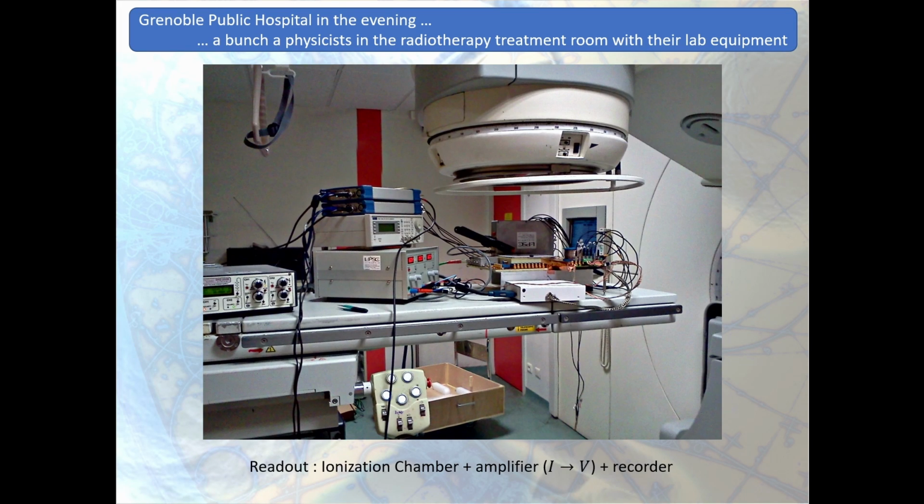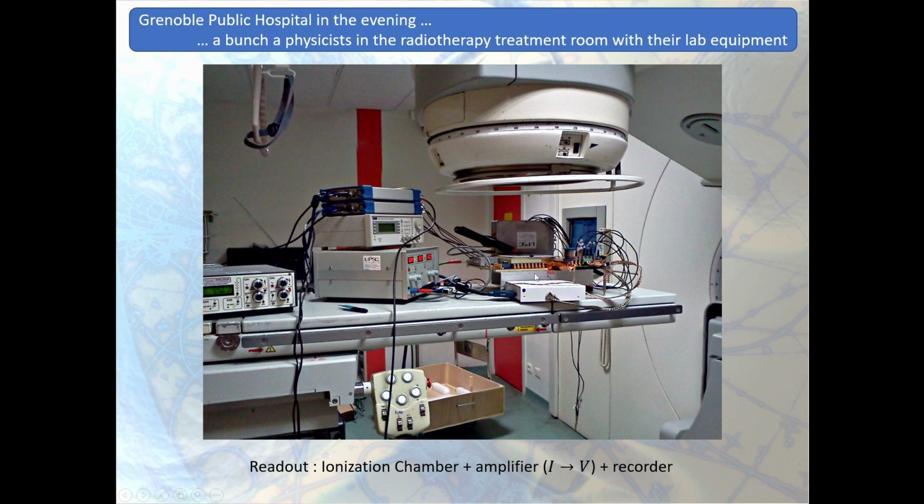We did that kind of study some years ago. We were working late at night in one of the radiotherapy rooms of the Grenoble Public Hospital, and we had a segmented ionization chamber with many pixels on it, connected to an acquisition setup, a recording device.